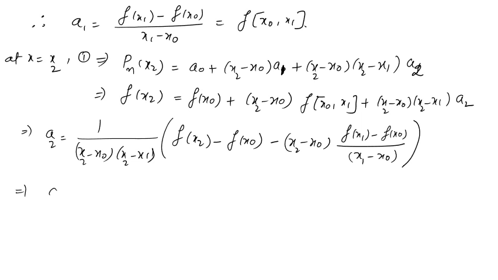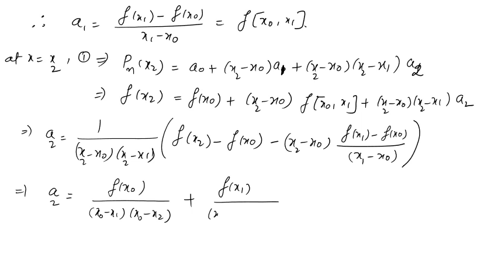If I simplify this expression, then a2 becomes f of x0 by (x0 minus x1)(x0 minus x2) plus f of x1 by (x1 minus x0)(x1 minus x2) plus f of x2 by (x2 minus x0)(x2 minus x1).